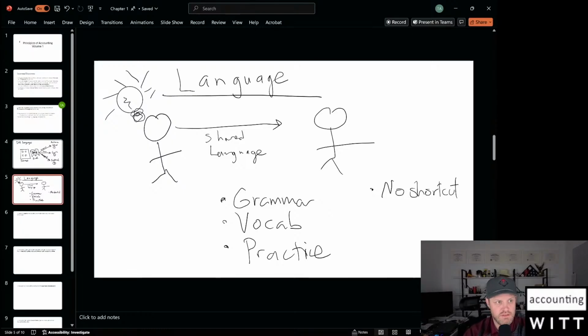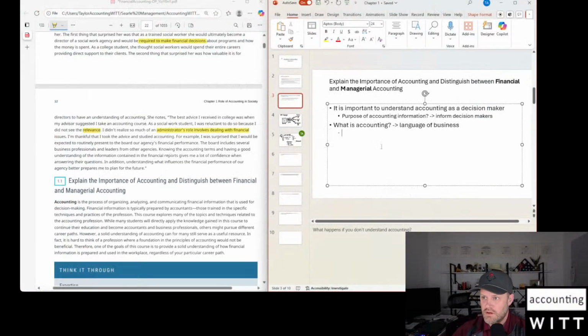There's no shortcuts. There's no way to learn it fast. There's a learning curve, and there's no shortcutting it. So I guess I want to be able to think through that idea. All right, so it is a language. Learn it the same way you learn a spoken language. So through practice and all that.